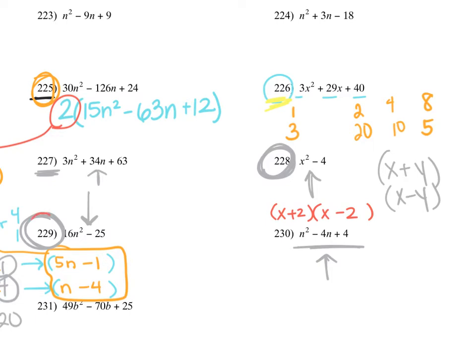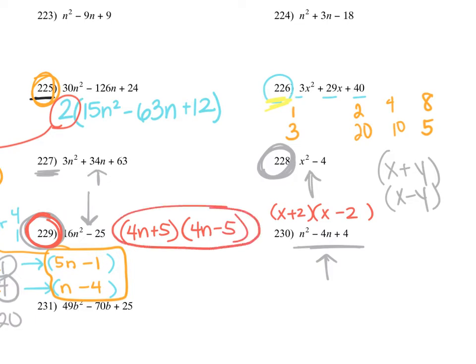Okay, and if I were to do 229, I know 16 is a perfect square and 25 is a perfect square, and so 4n plus 5 and 4n minus 5 would be my answer for number 229, whereas this is my answer, x plus 2 times x minus 2 for 228.